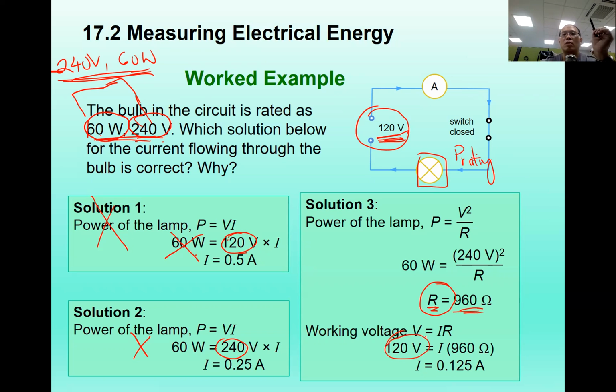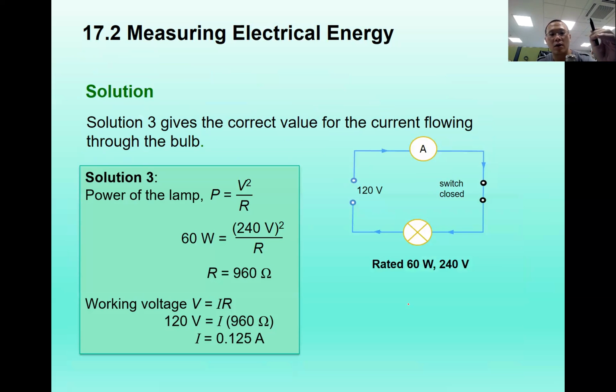Here we are identifying what is meant by rating. When the question gives you a rating, how do you use it? The correct approach is to always look at the resistance of the appliance, which is the base thing that never changes regardless of the power source, whether 240 volts or 120 volts. Just take note of this.